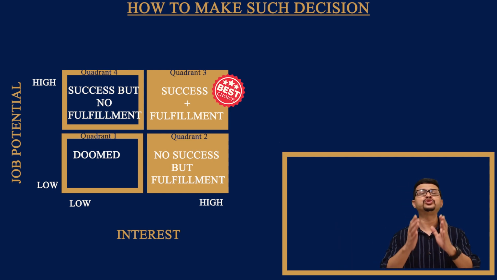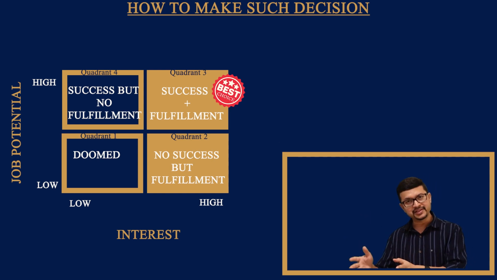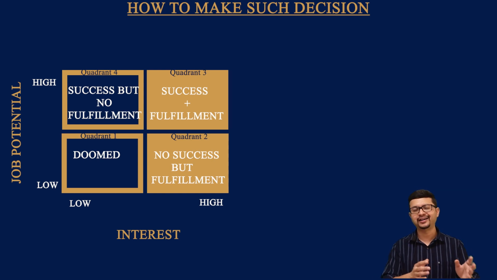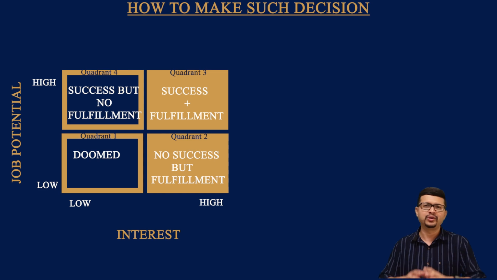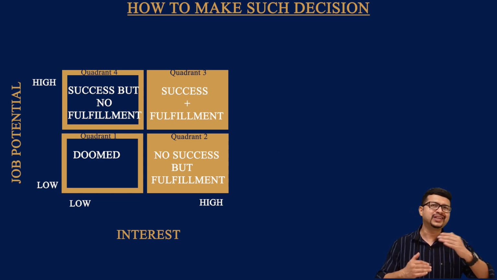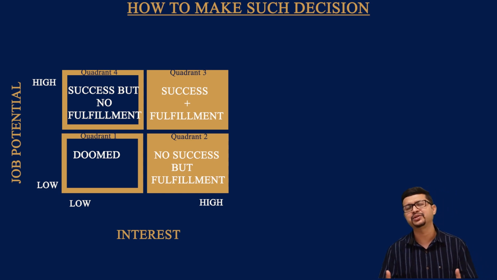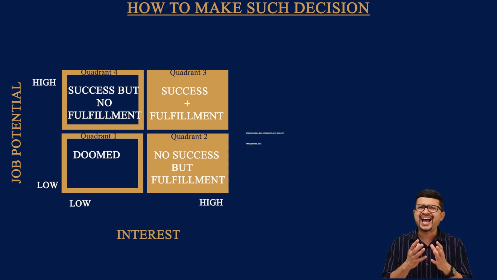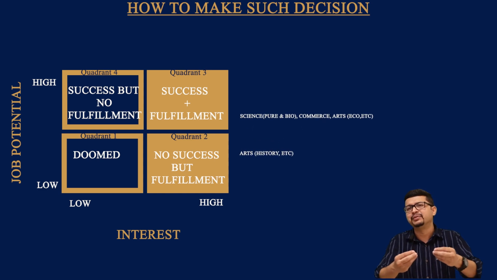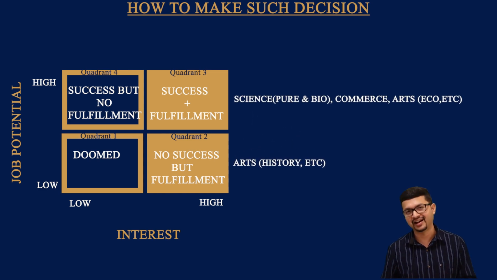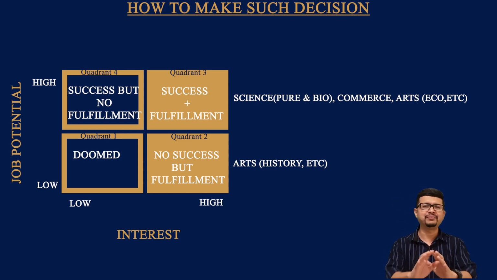and 3. So we will superimpose the streams that we have on this, namely arts, commerce and science. So in my opinion, science and commerce, just by the nature of their studies, have relatively a little bit more job prospects than arts, right? I mean, again, I'm not against arts.